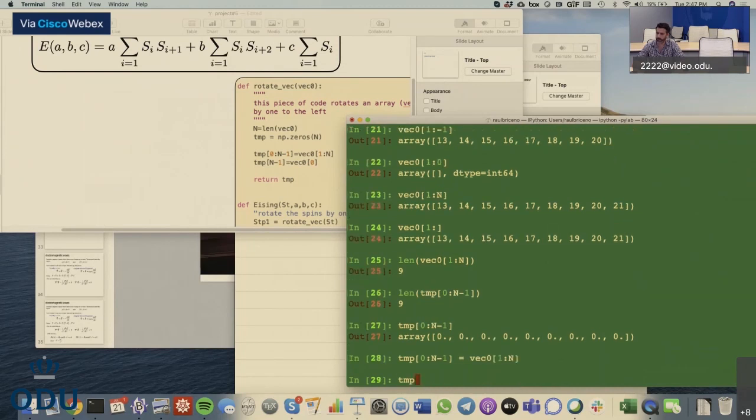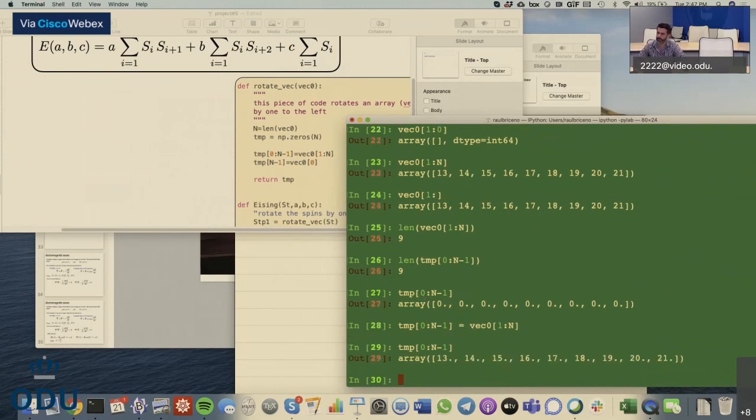And so now we can print out temp. You see, I've now replaced what I was calling before, what I called over here. I replaced it with the information obtained from vec0, right? So let me just print this out. And now you see it went from zeros to 13, 14, all the way to 21. In fact, let me just print out the whole temp.